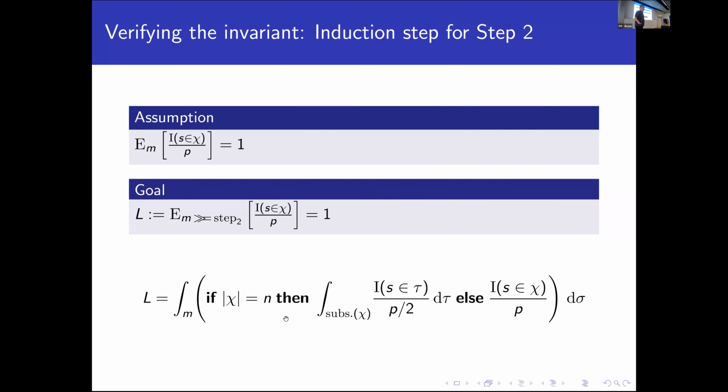What the algorithm does, let's recall, if the buffer is full, then it does the subsampling operation, which then leads to an integral here. And otherwise, it just keeps the element, so you can preserve the expectation from before. And this is integration over the possible states when you do the subsampling.